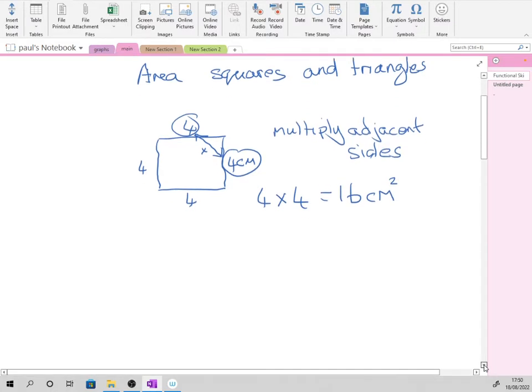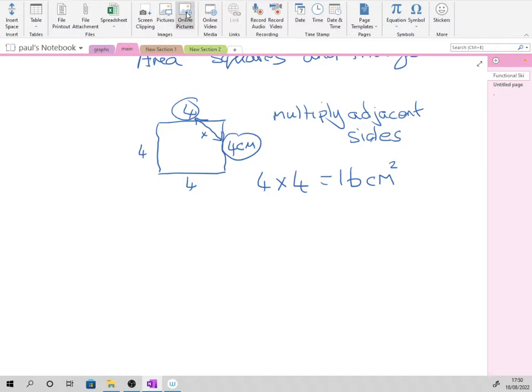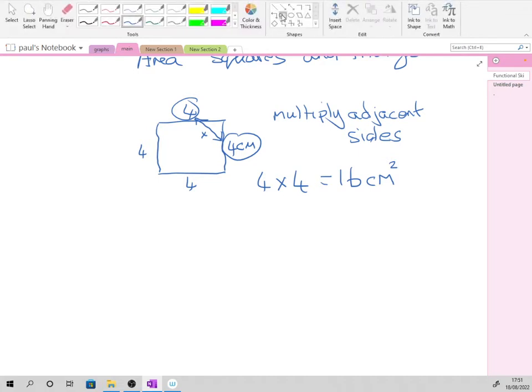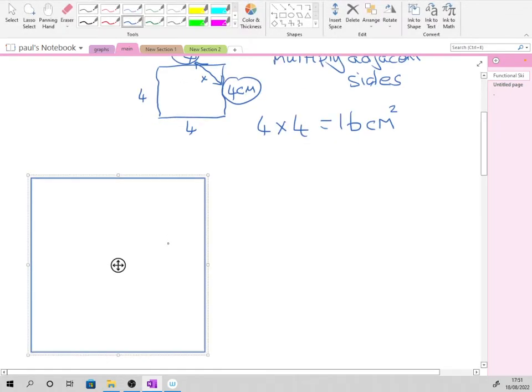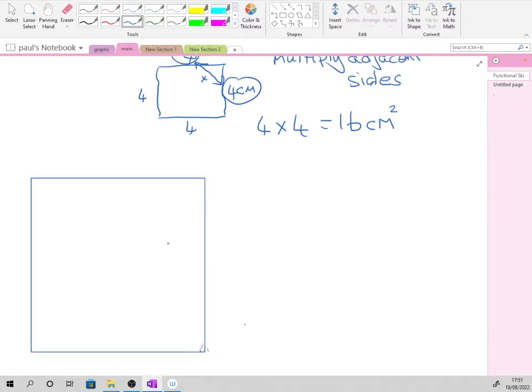Now the reason why we do adjacent sides, if we draw a shape, say that's 10 centimeters, and that's 15 centimeters. It's a rectangle.